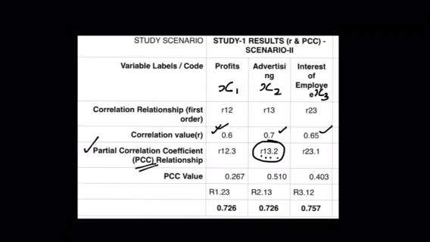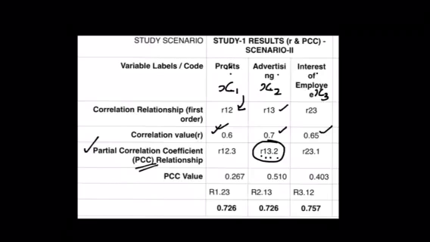We understand therefore that R12 stands for the correlation between x1 and x2. That is the relationship between profits and advertising. Similarly, R13 stands for the relationship between profits and interest of employees.